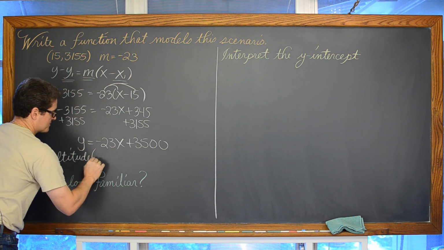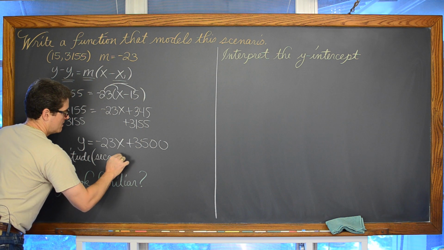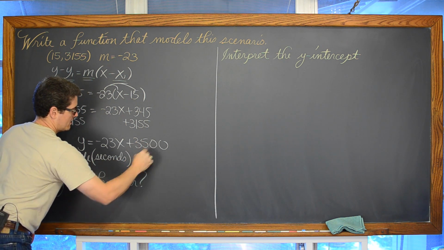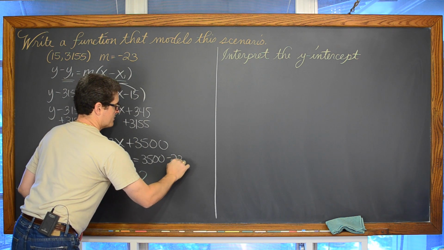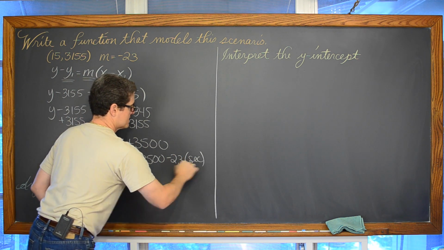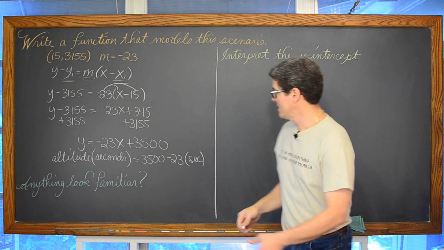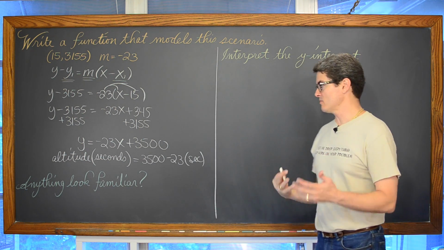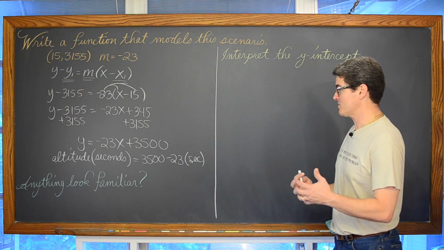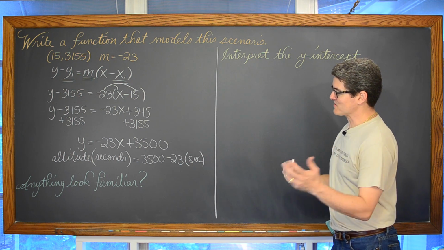So her altitude in terms of seconds, and I'm going to turn this around a little bit, is 3500 minus 23 times the number of seconds, and I'm just going to write SEC for seconds because I'm running out of space, and that's how our linear function would look if we wrote it in terms of words, and kind of like more how real people talk. Anything instead of x and y's.